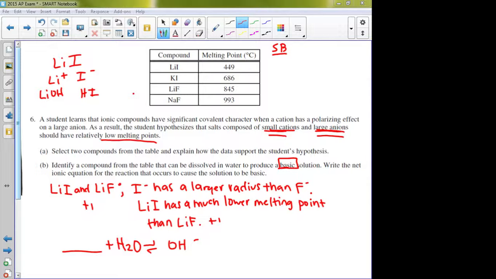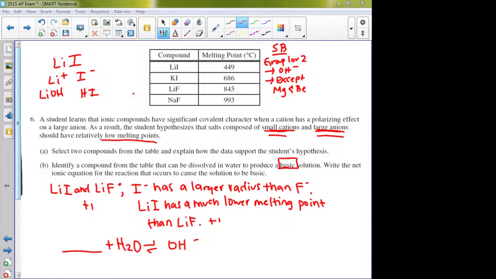A strong base is any element in group 1 or 2 bonded to hydroxide except magnesium and beryllium. Correct? I feel like I've harped on this for a really long time and we can't remember our strong bases.